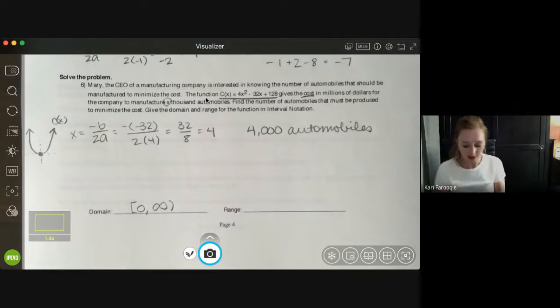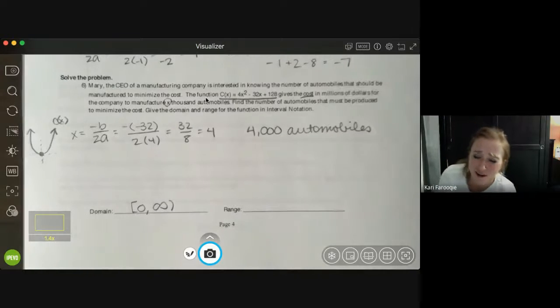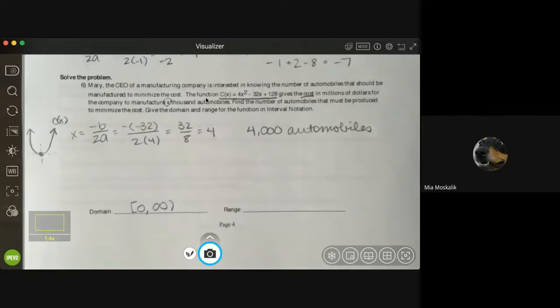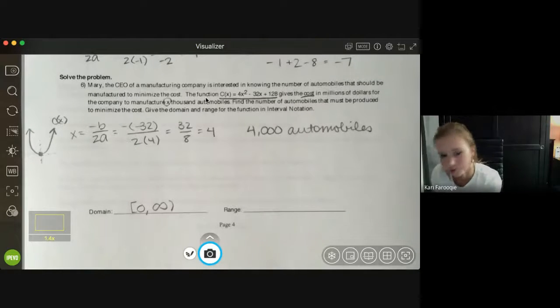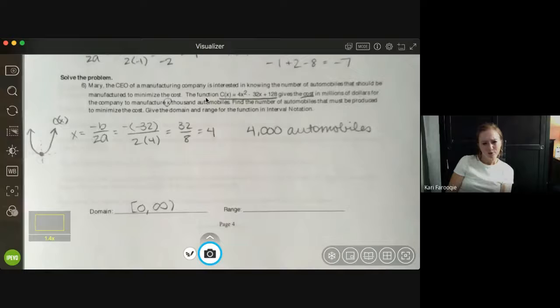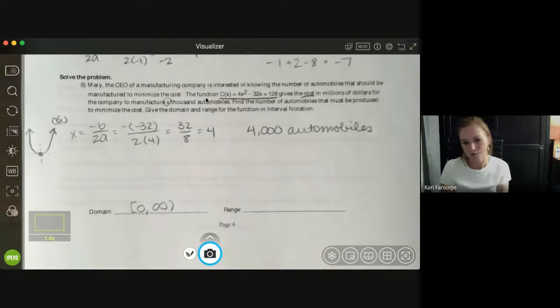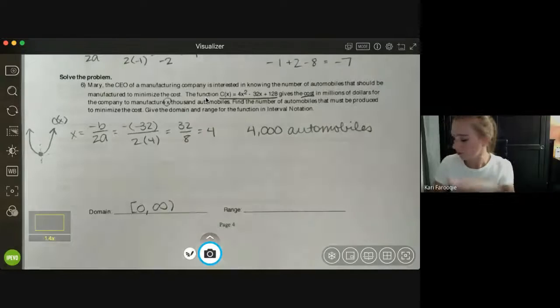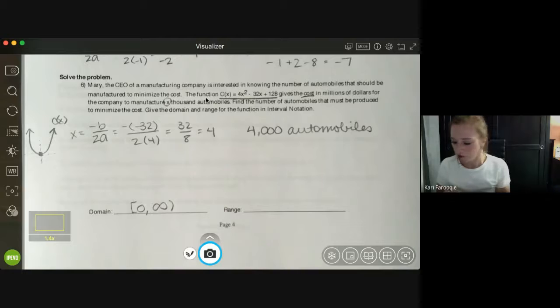Technically, I guess Elon Musk could be considered producing negative cars because his wait lists are so long and people are still waiting for their cars. But he can't really unmanufacture them. If that would be a representation of negative manufacturing, I don't know. But officially, we can't do it.